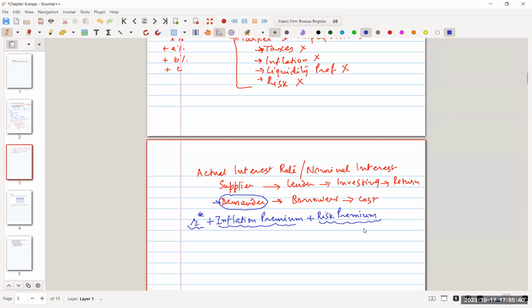So we have moved away from the real interest rate and allowed for these two distortions to be added, and this becomes our nominal interest rate. In your textbook, the authors write it as R1. So R1 is the nominal rate.